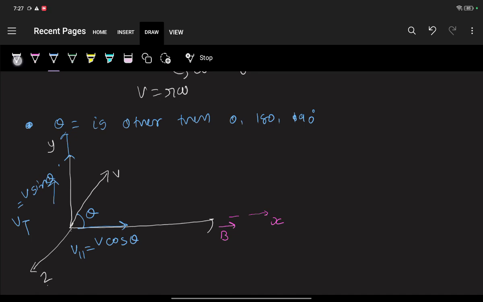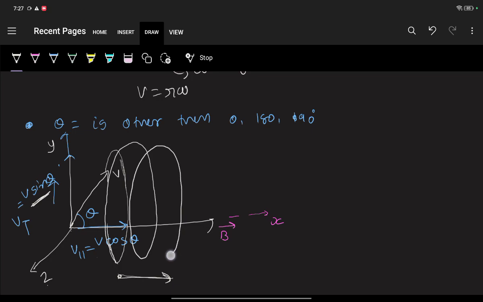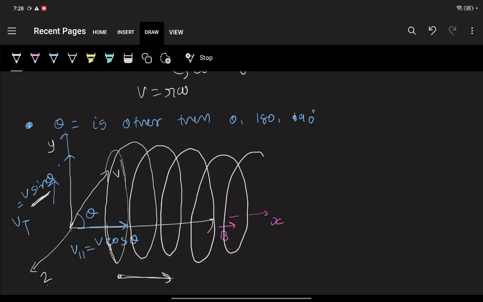So this v sin theta will provide the force to complete the circle, and this v cos theta will pull this particle this way. So because of these two velocities, the trajectory will be helical.